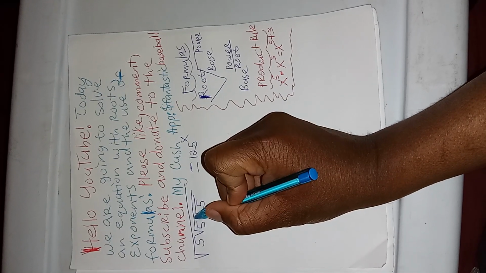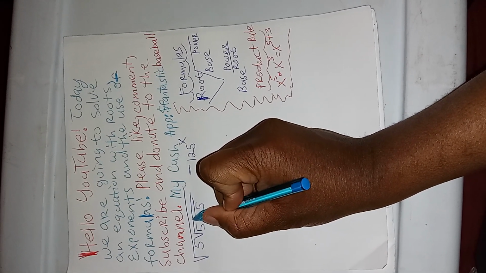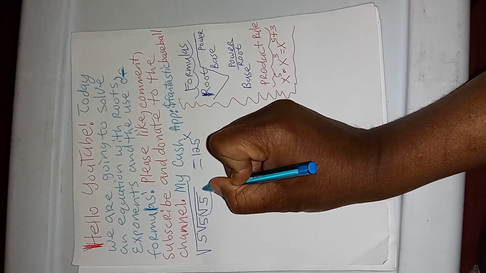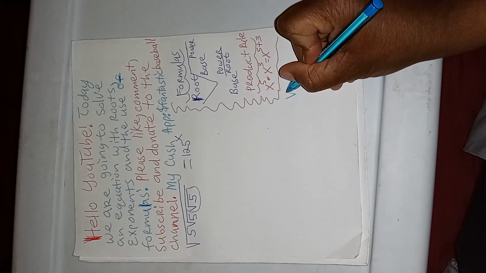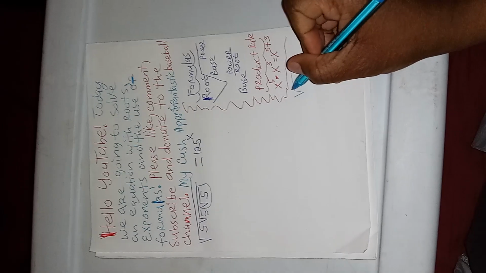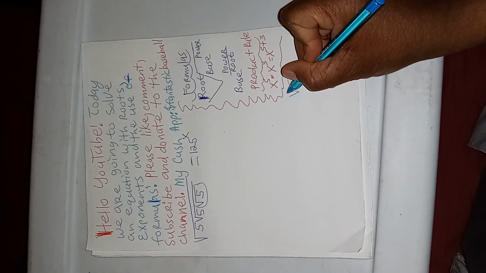So let's get started. First, let's manipulate this piece of the equation. I'm going to circle it here. So, square root of 5. The square root has a root index of 2.